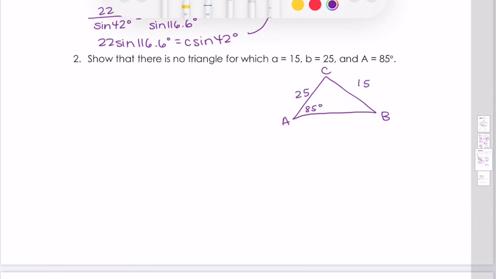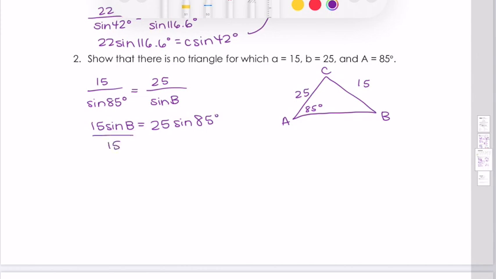Before we think about it, we're going to set it up and try to solve it like we would a regular triangle, even though we know something is going to go wrong. You'll end up with an error in your calculator when you are solving for the angle of B, and that will tell you that there is no triangle that matches this description.